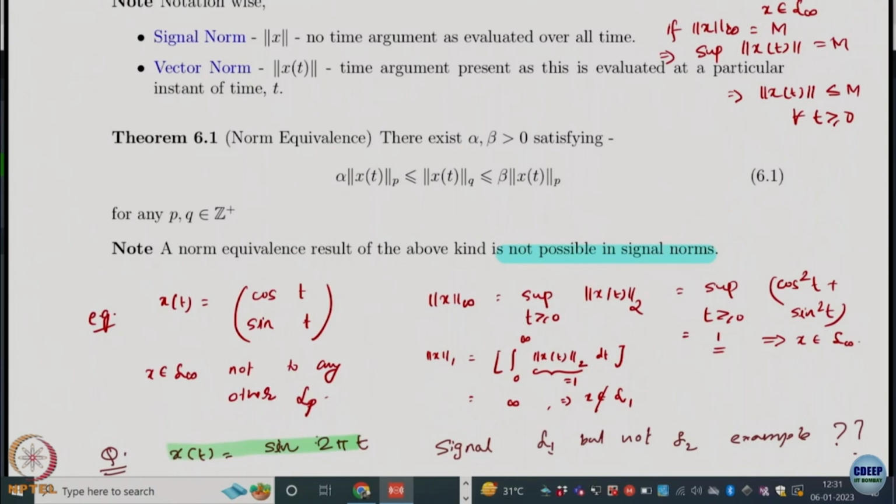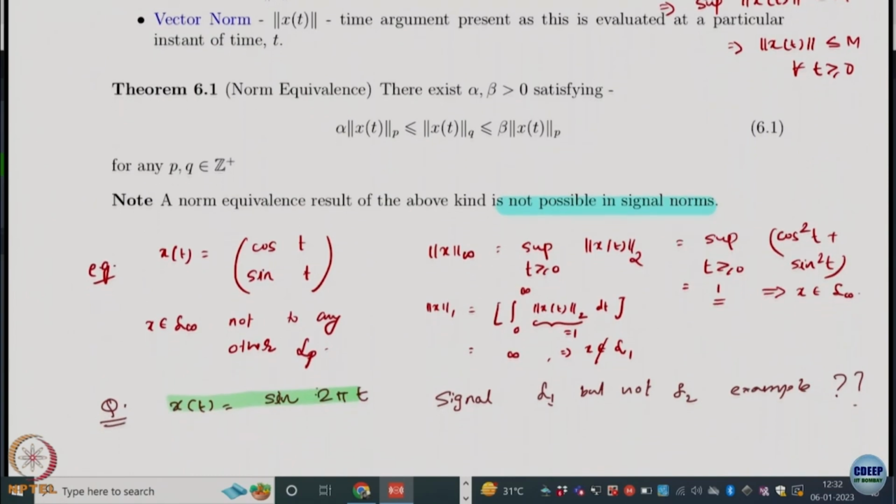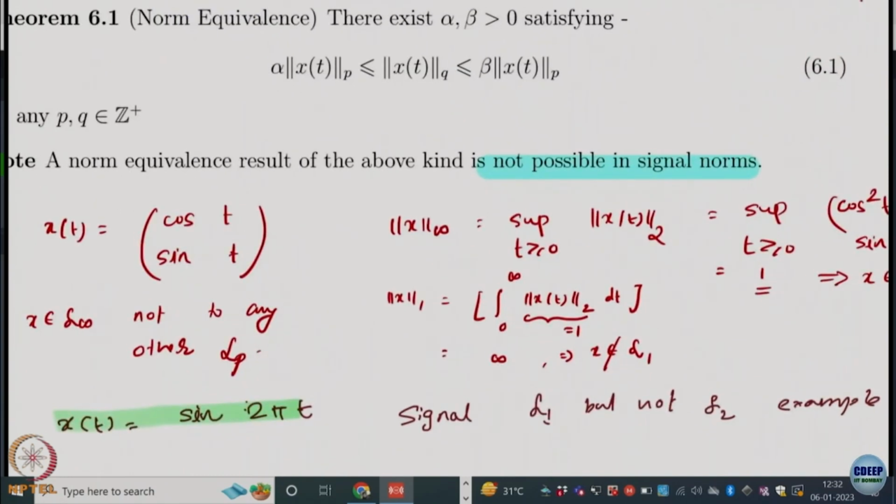If I take the infinity norm, it is just the supremum of this, the supremum of the square root of cos squared t plus sin squared t, and it is just 1. On the other hand, if I take the 1 norm, then this is the integral from 0 to infinity of 1, which is infinity.